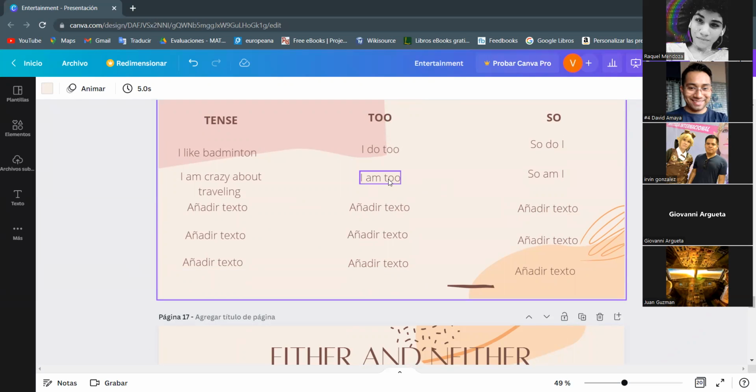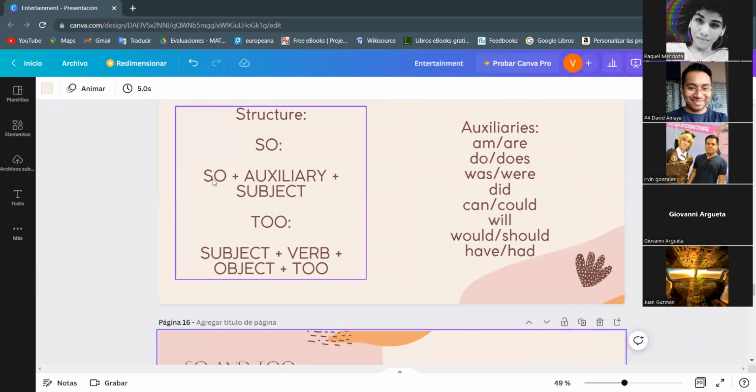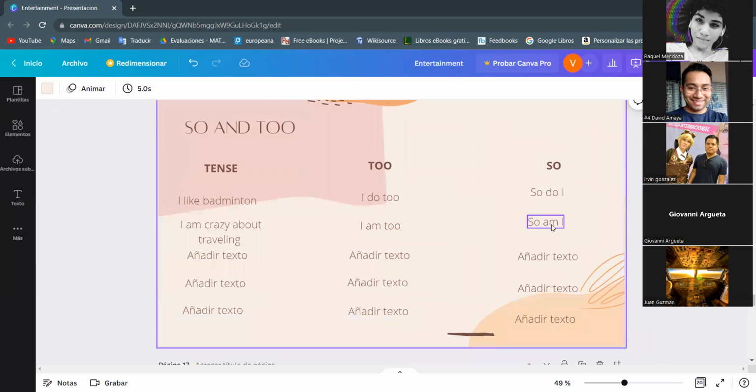And then you add too. Good. For this one, same thing. You start with so, and then the auxiliary. What's the auxiliary here? Good. Great. And then the subject. What's the subject? I. Great. All right.